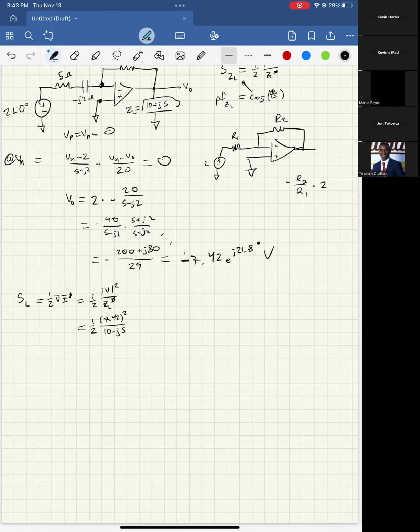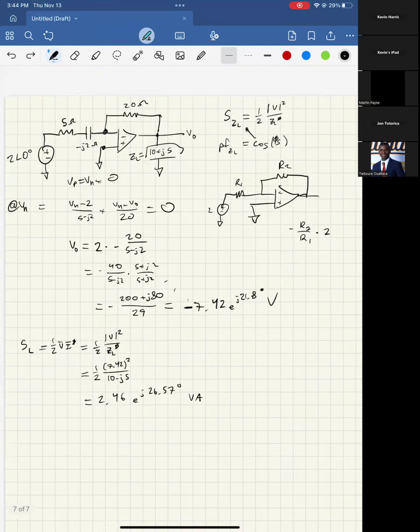And we end up getting, for our complex power, 2.46 e to the j 26.57 degrees. And the unit there is volt-amps. Okay, so we have that.